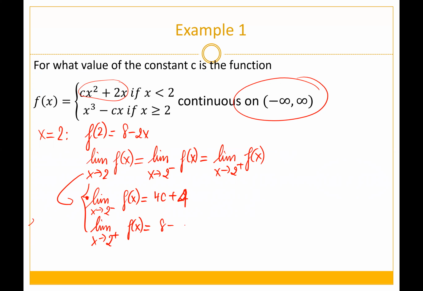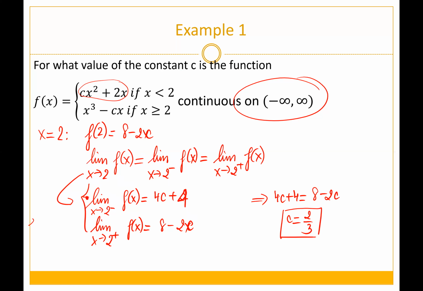So you have 8 minus 2c, sorry, not 2x, 2c. And so you need these 3 things to equal one another as the last condition for continuity. So we need 4c plus 4 equal to 8 minus 2c. Then when you solve for it, you can find c equals 2/3 easily.